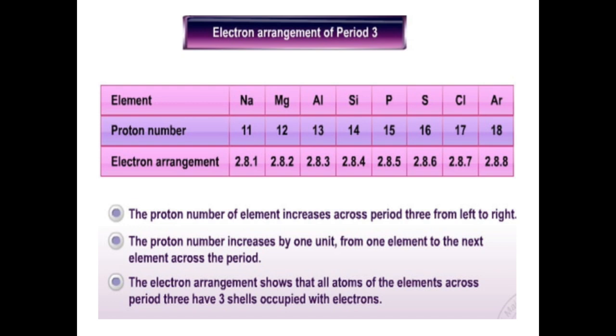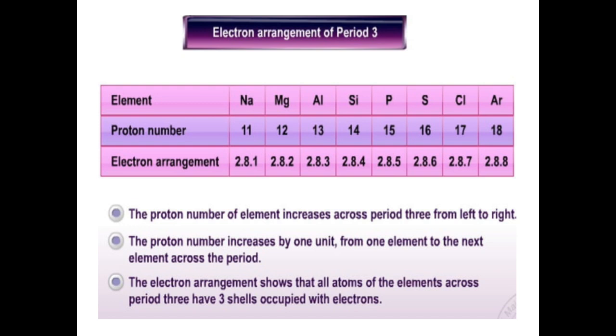Those are their proton numbers, and the proton number can also be known as the atomic number. And then for their electronic arrangement, using the K element, you have 2,8,1; 2,8,2; 2,8,3; 2,8,4; 2,8,5; 2,8,6; 2,8,7; and 2,8,8 respectively. Key point to note here is that the proton number of elements in period 3 increases across the period from left to right.